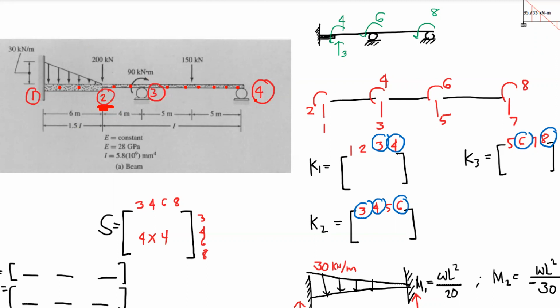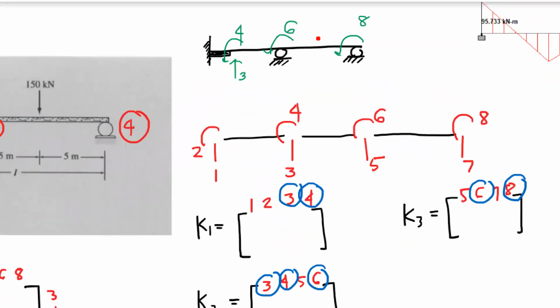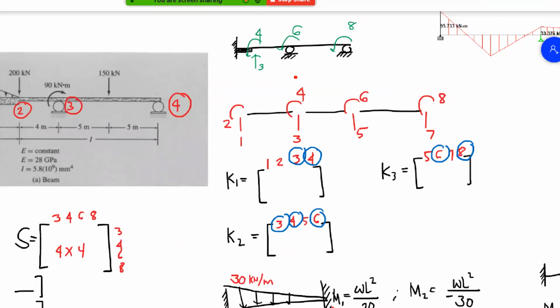Okay? So that's the general concept. Anyway, let's proceed with the coding here. So 1 and 2, 3 and 4, then 5 and 6, 7 and 8. Therefore I will need three element stiffness matrices, K1, K2, and K3.